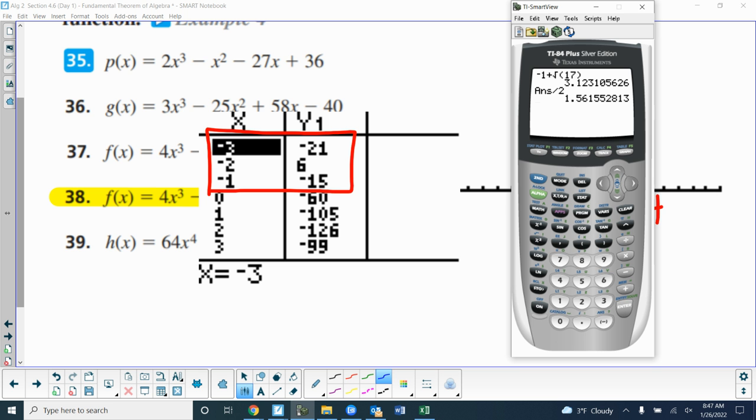So if you had 1.6, you were right. And the other one was minus the square root of 17. Divided by 2. So a -2.6. All right? So a 1.6 decimal answer and a -2.6 decimal answer for number 37, along with the 1.